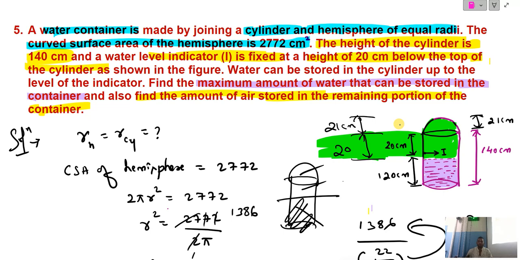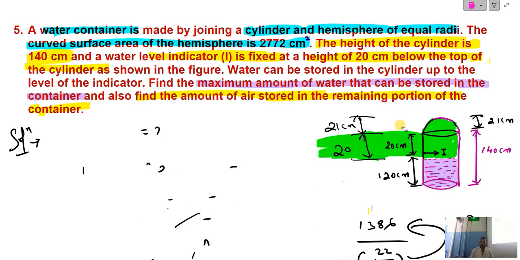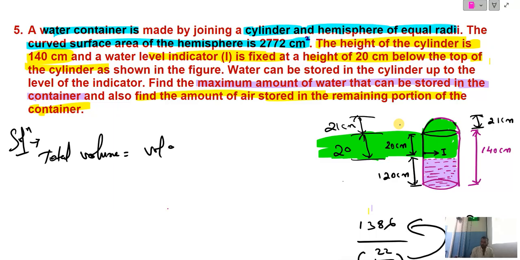Now, I hope you have copied this, right? Okay. Now, look at here. What is the total volume? Total volume is equal to volume of hemisphere plus volume of cylinder.